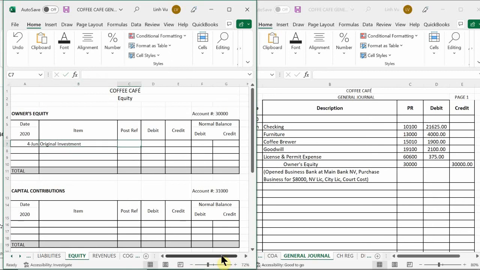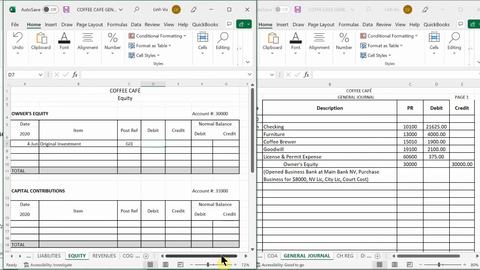And this is where you have to pay close attention as well. What did I put my owner's equity as in my journal, a debit or a credit? A credit. We put it in as a credit. So again, very, very important.